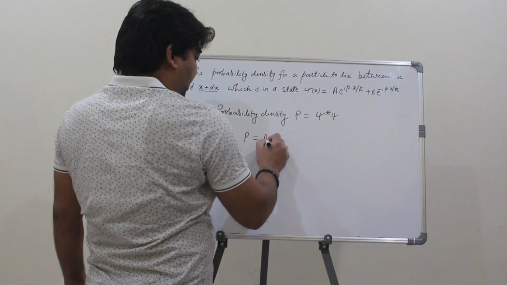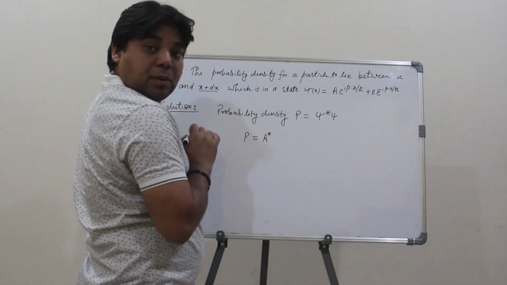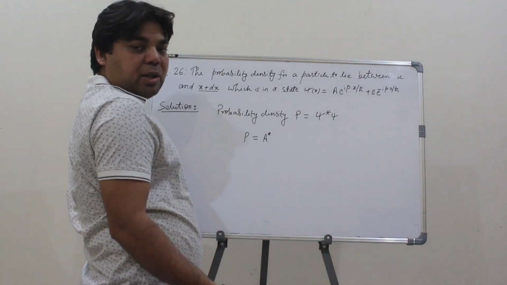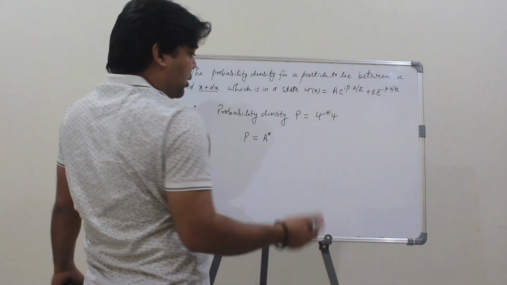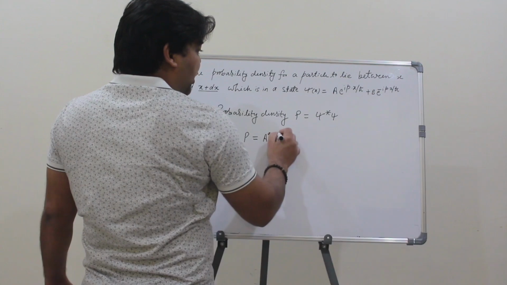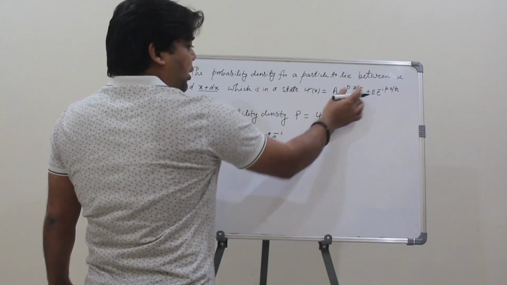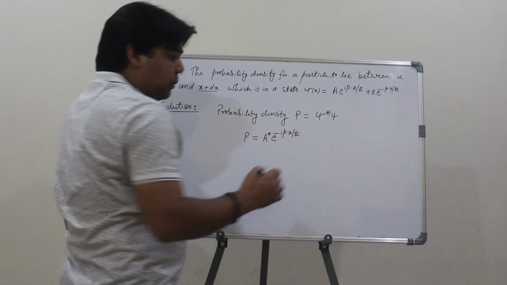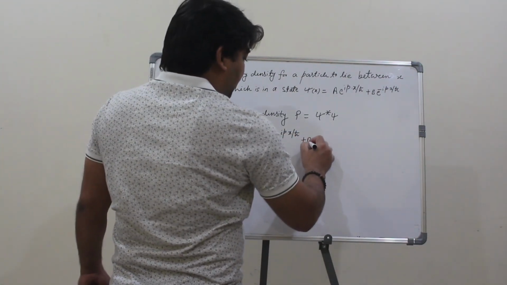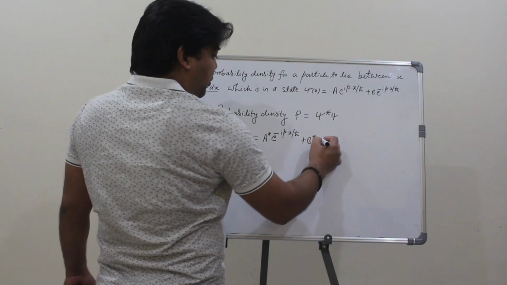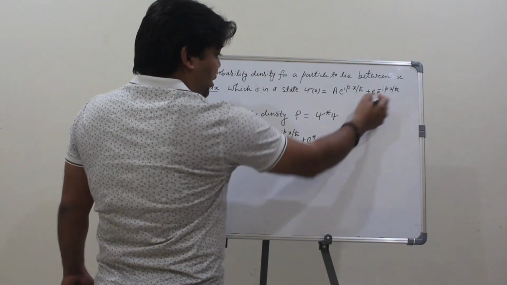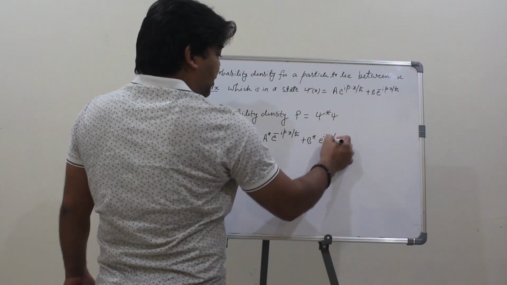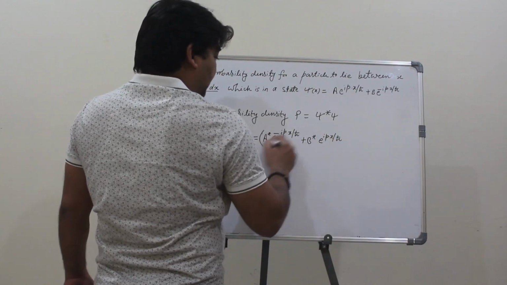Let us take it. So it will give you A star, as we do not know whether A is a real or complex number, we assume it as A star, and the complex conjugate of the exponential will be e to the power minus i p·x divided by h-cut, plus B star e to the power, this i becomes minus i, so this becomes plus i p·x divided by h-cut.